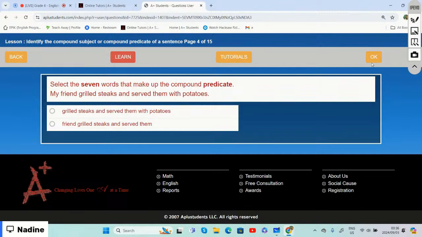So we said that we need to select the seven words that make up a compound predicate. It says my friend grilled steak or steaks and served them with potatoes. So we need to select the seven words that make up a predicate. Is it option one, grilled steaks and served them with potatoes, or option two, friend grilled steaks and served them?